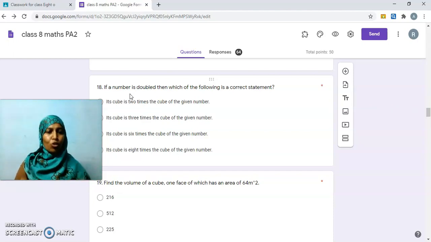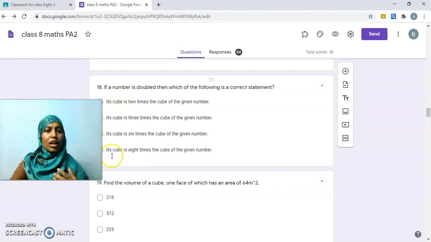Now find the cube of this 2n fully. 2n the whole cube. If it is n cube, it is n whole power 3, which is again n cube. If it is 2n the whole cube, I have to multiply 2 3 times and n 3 times. If I multiply 2 3 times, I will get 8 and n cube.